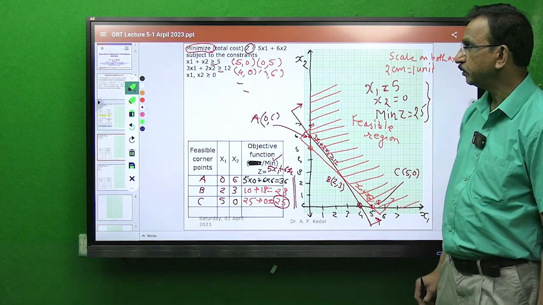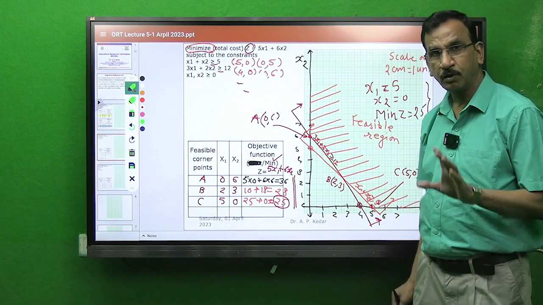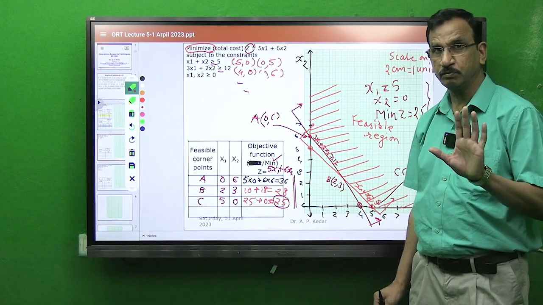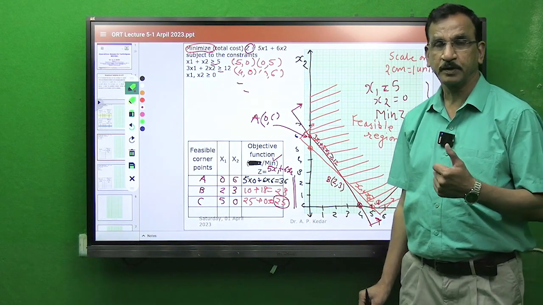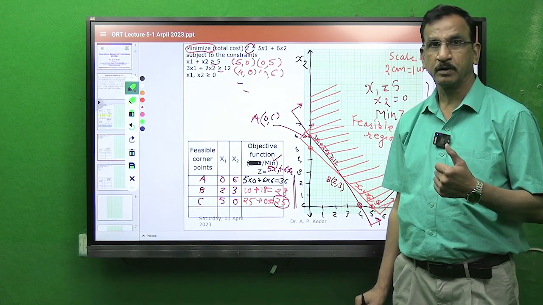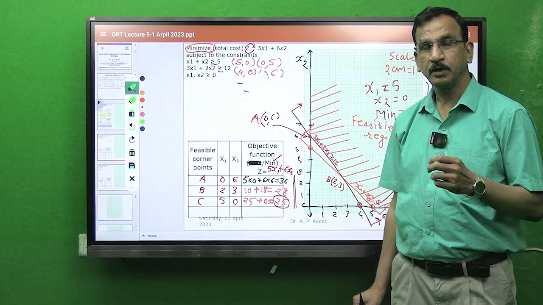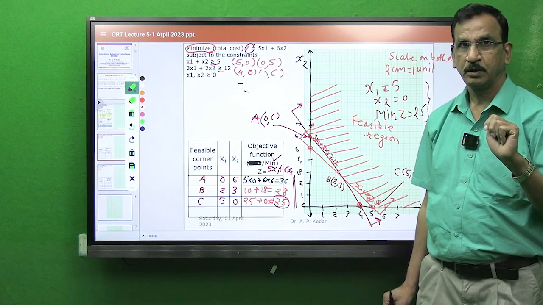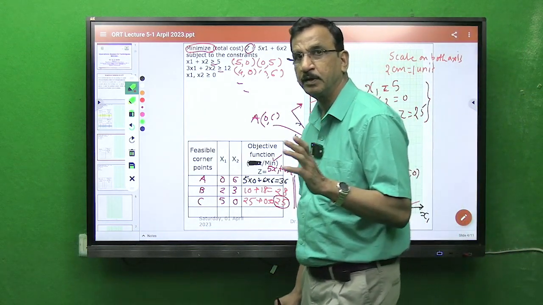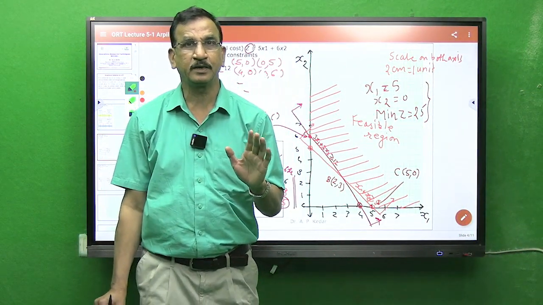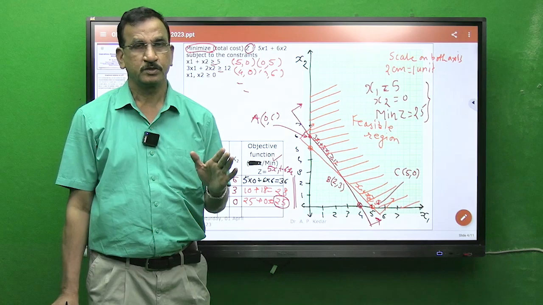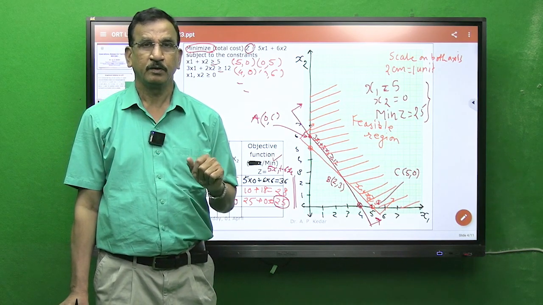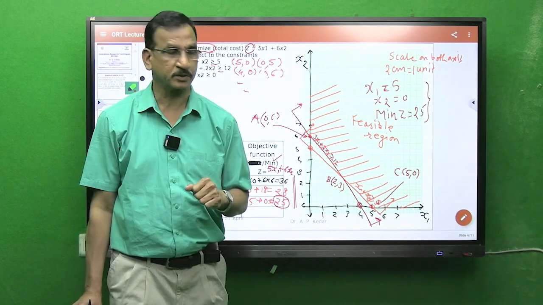So this is the problem wherein we have studied how to find graphical solution. Now one thing you have to keep in mind, graphical solution is only applicable if and only if there are two variables. For more than two variables, we have to go for analytical treatment, that is simplex method and big M method, which we will be studying in coming lectures.